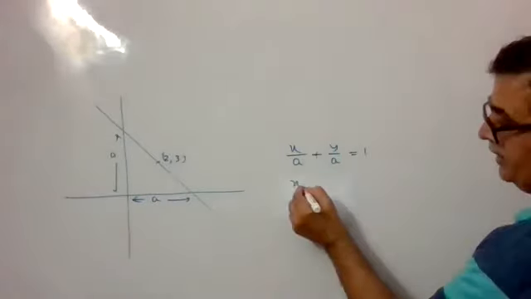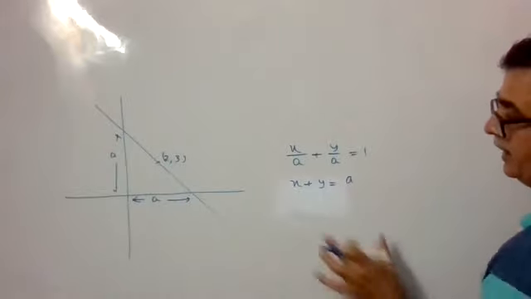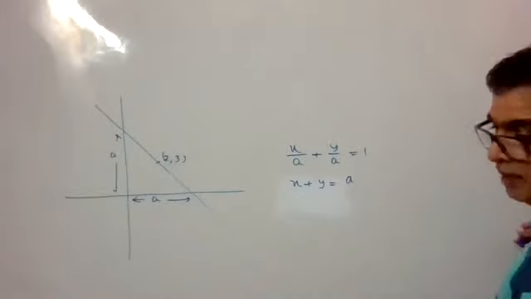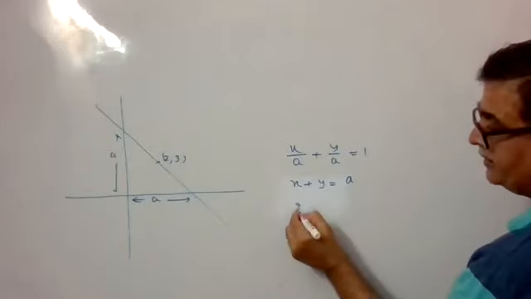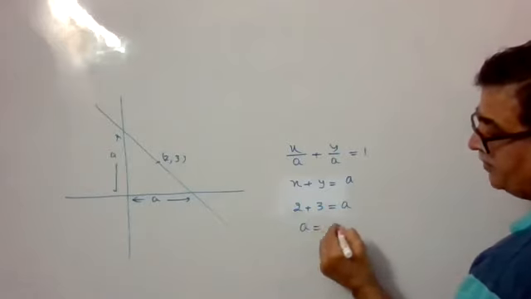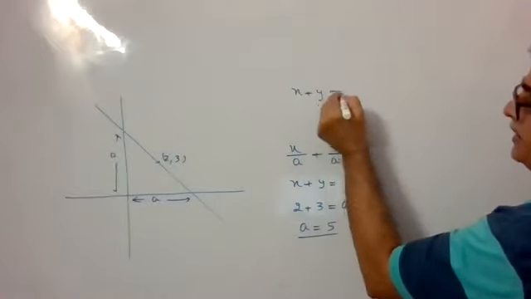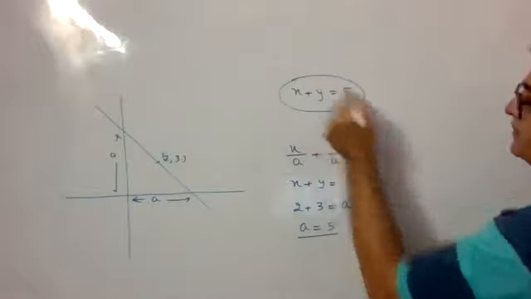Or I should say x plus y comes out to be A. And this line passes through 2, 3, so 2, 3 will satisfy here. So I get 2 plus 3 is A. So A is 5 here. So what is my equation? X plus y is 5. That is the answer.